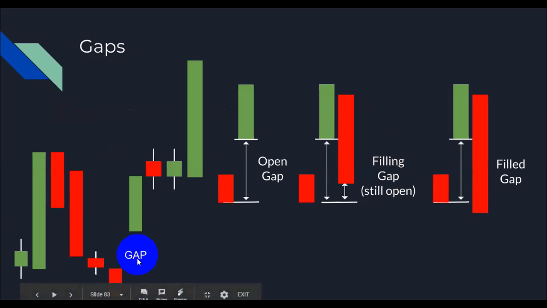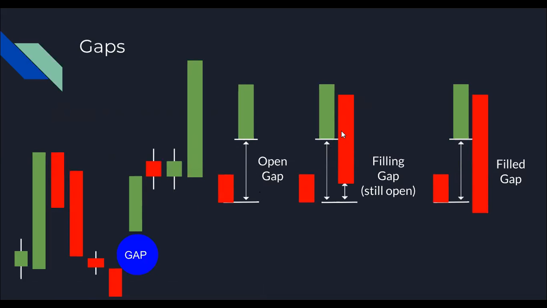Now, once a gap is formed, next day, if the prices start coming back, then we start talking about the gap being filled. As long as the gap is not filled, we call it an open gap.